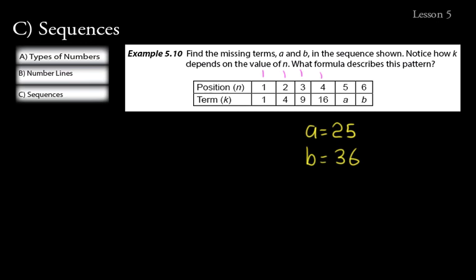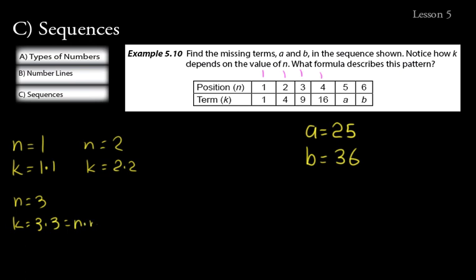Here, when n equals 1, K is 1 times 1, right? When n equals 2, K is 2 times 2, right? K is 4. When n equals 3, K is 3 times 3. So it's n times n, right? That's what K is. So K is position times position, n times n.